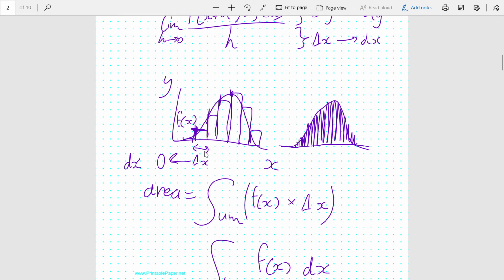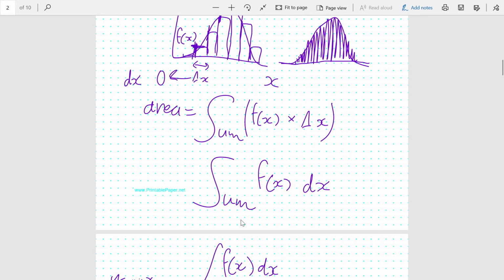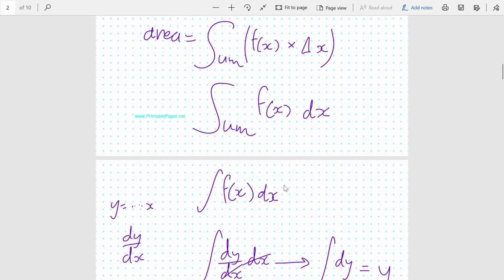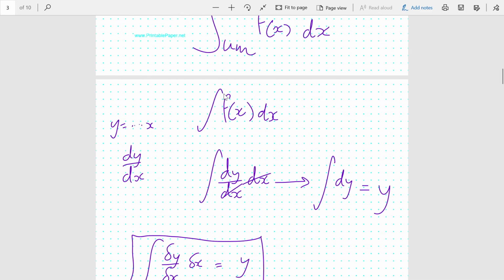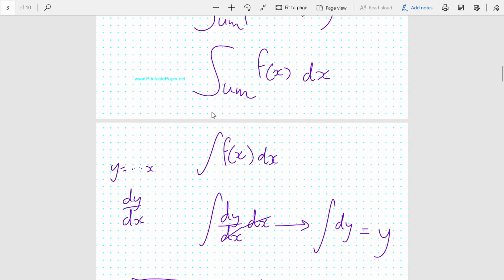But if you make delta x smaller and smaller and smaller, it'll go to dx, which is why you get the notation for it being the sum of all the f(x) times dx. Or instead of sum, you get this integration symbol, f(x) dx.